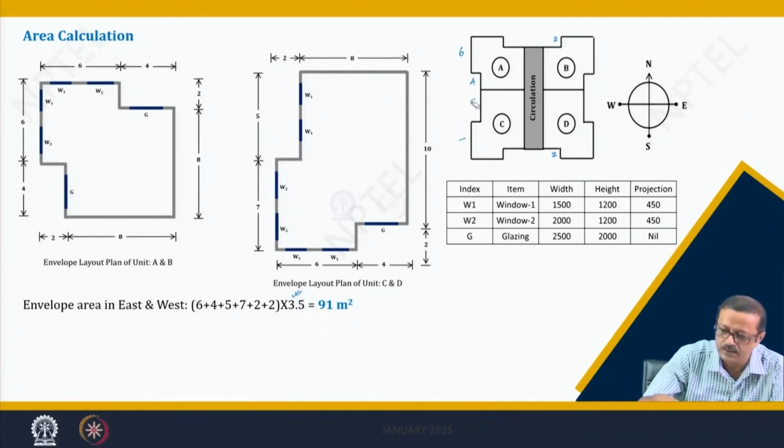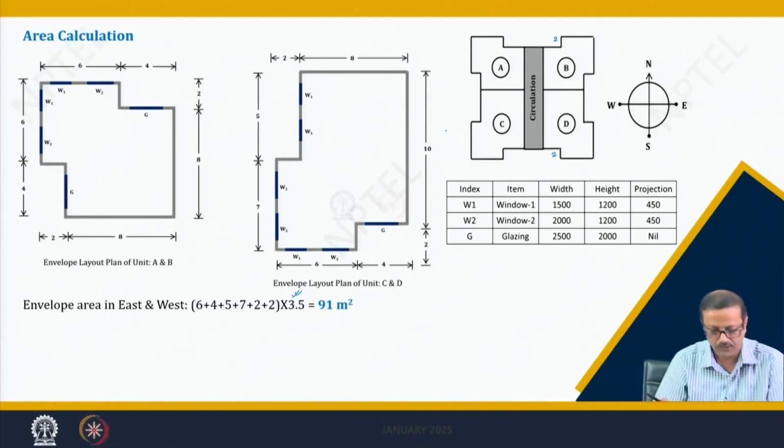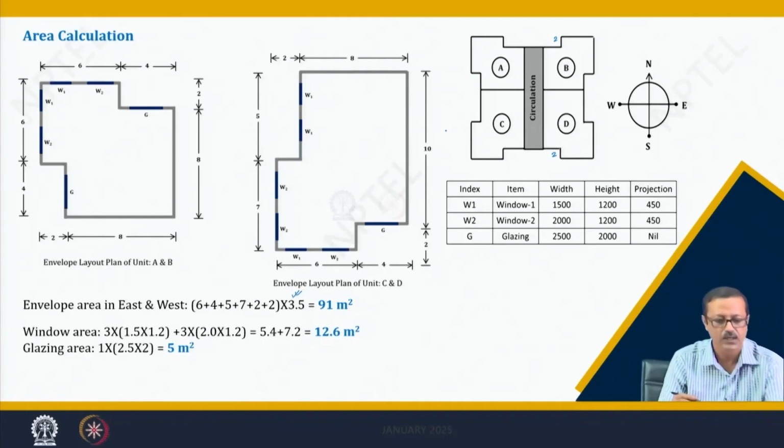Now, if I see how much is the deduction for the windows and the glazing, from this particular key plan, we have 1 W1 over here and 1 W2 over here, and here there is a glazing, then there are 2 W1 and 2 W2.